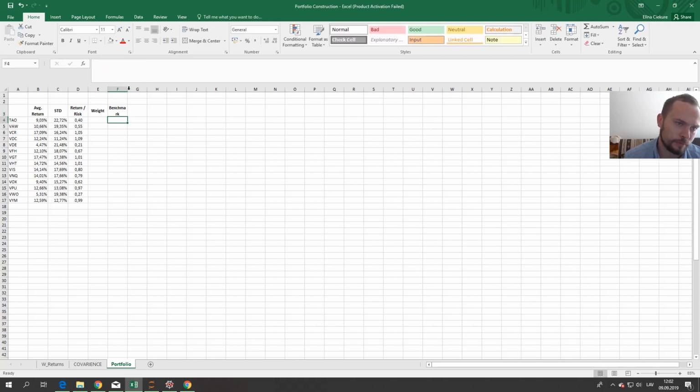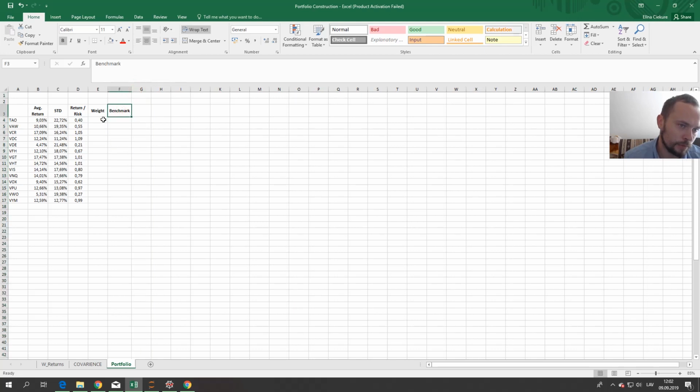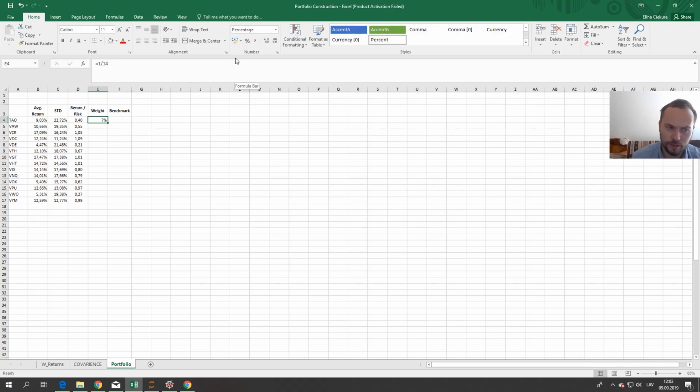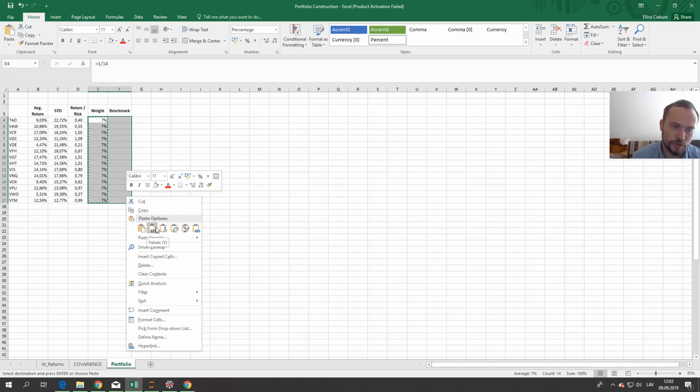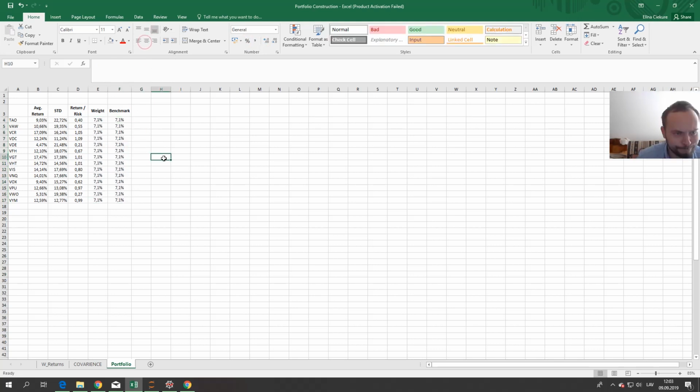If you don't want to be super professional, then the benchmark is an equal weighted portfolio. That's a very good benchmark, because it reflects a no decision portfolio. So it's no decision, just spreading the wealth equally everywhere.